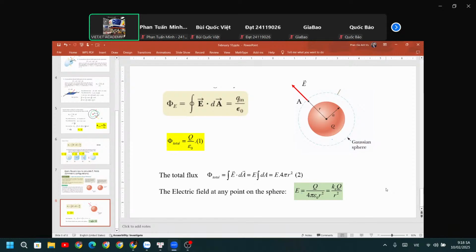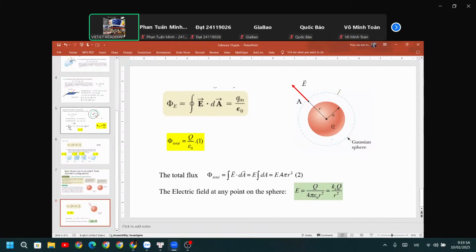Is this formula familiar to you? The electric field here is exactly the same as if we have a single charge at the center of the sphere.